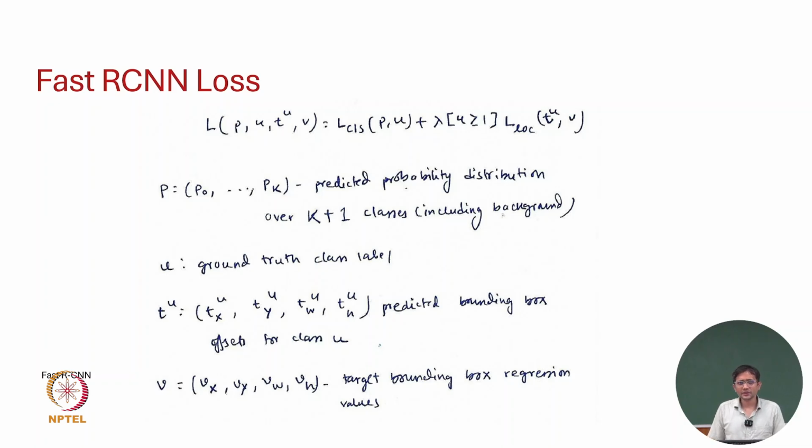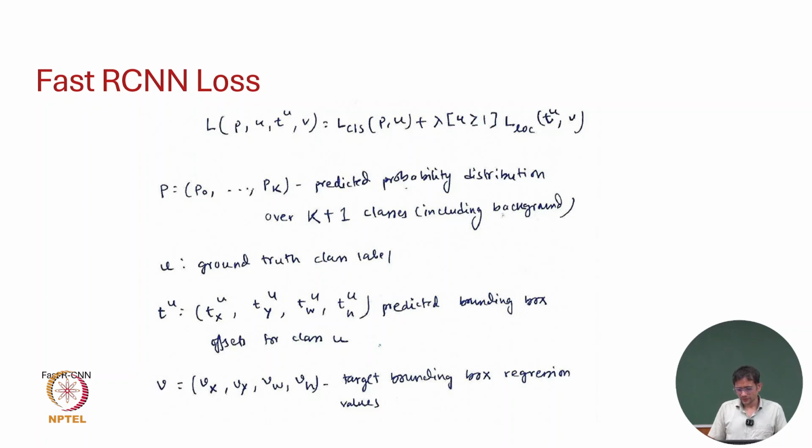At the same time, we have t^u, which is the predicted bounding box offsets, and v, which is the target bounding box regression.